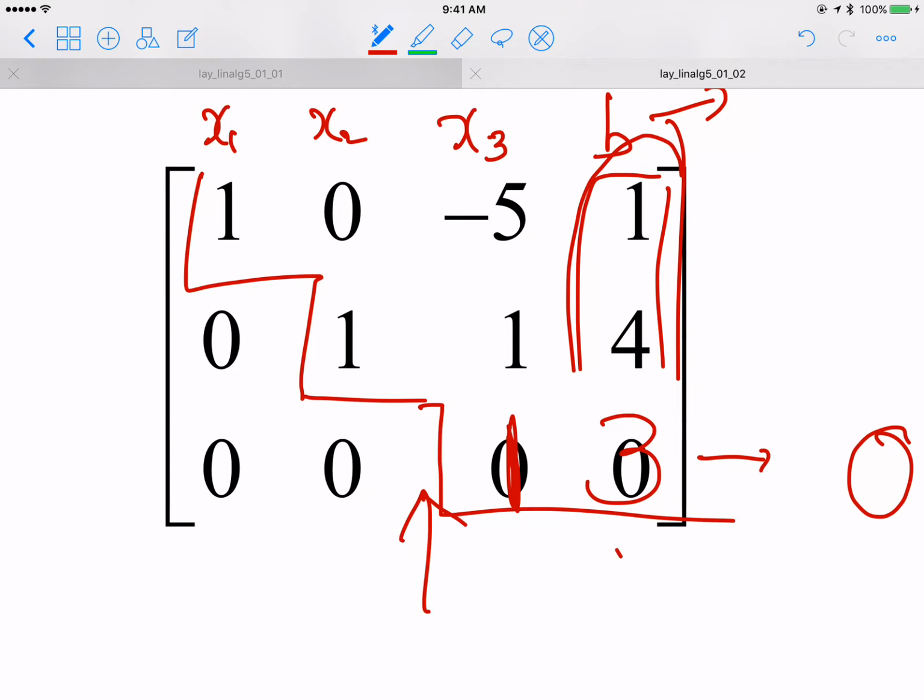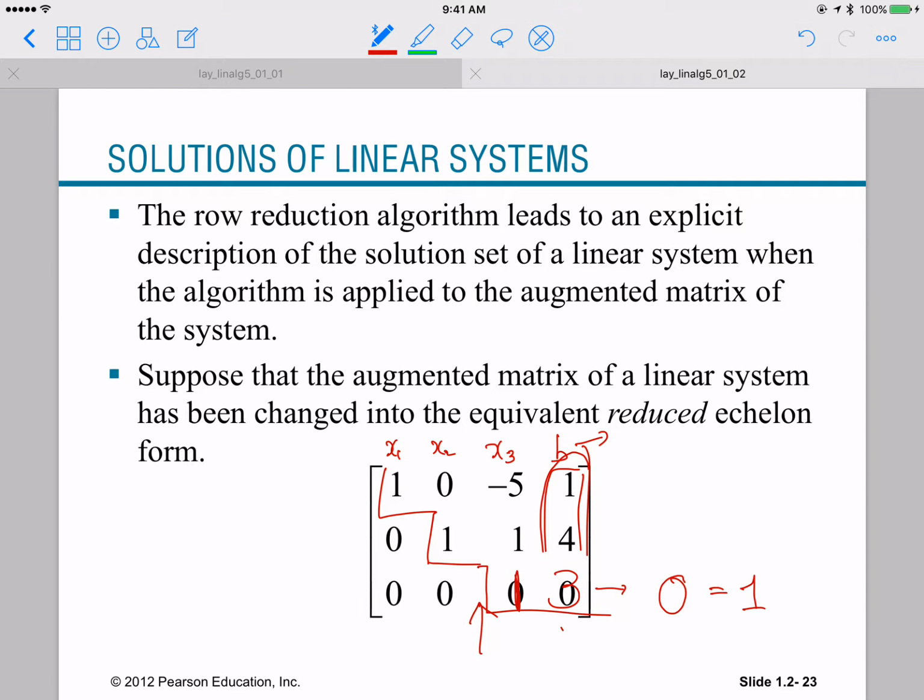And what about free variables? Are there any free variables? No, right? Because each variable will have a pivot. So there is no variable that doesn't have a pivot. So in this case, there is no free variable. And then let's think about the solution of this.